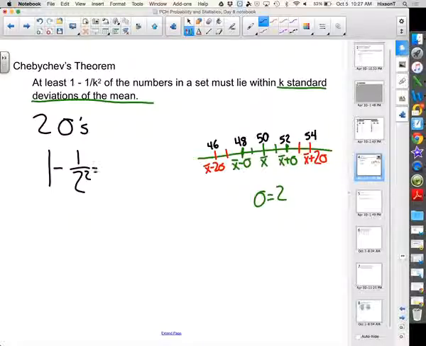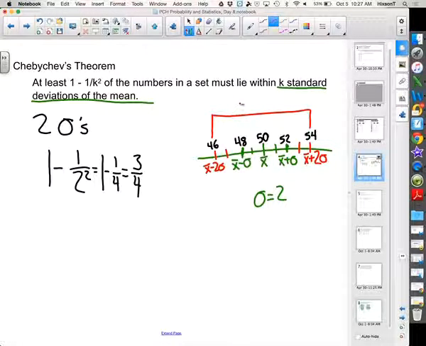So 1 over 2 squared is 1/4. 1 minus 1/4 would be 3/4. So at least 3/4 of my data, this is at least 3/4 of the data.